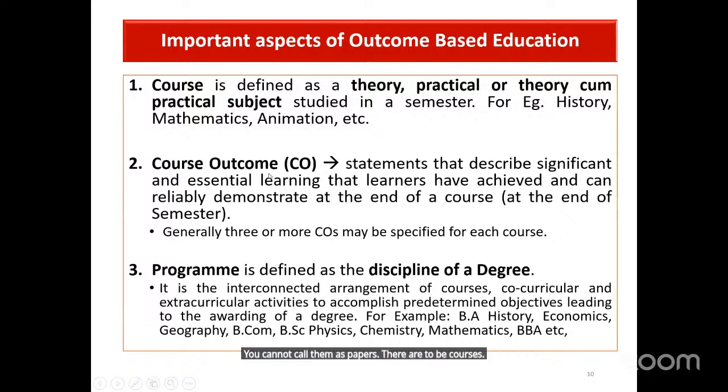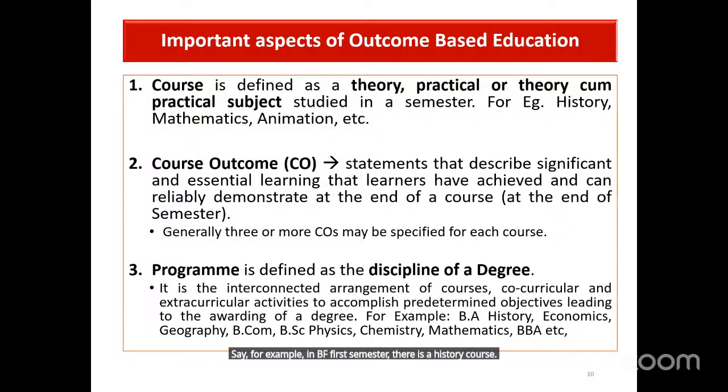Next is the course outcome. Course outcome can be simply defined as a technical statement which states what the student is capable of after completion of the study of that particular course. Say, for example, in BA first semester, there is a history course.